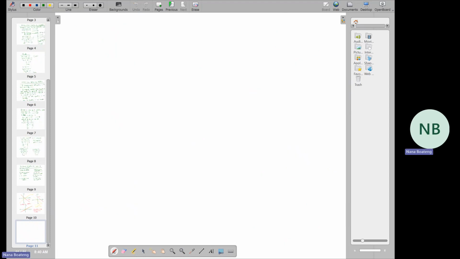So now let's look at some more examples and see whether we can identify the kind of solution of a linear system. So this will be our example 4.